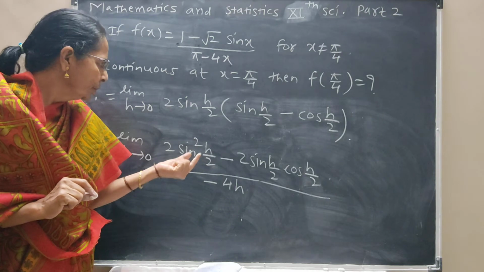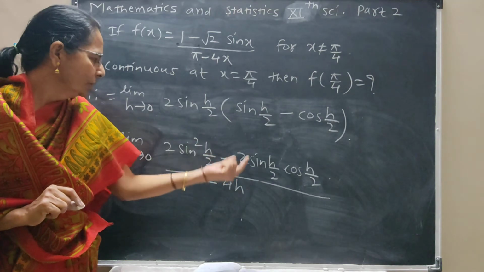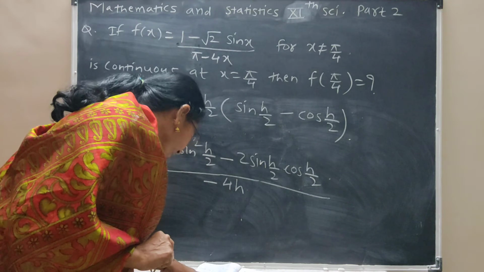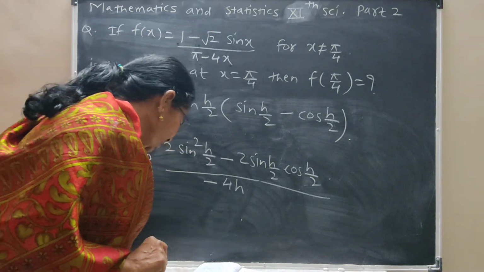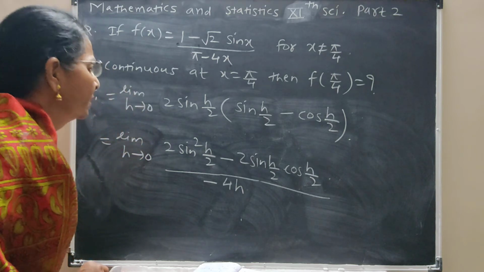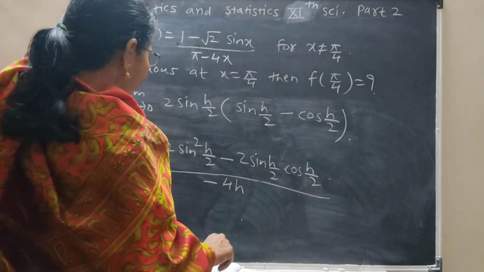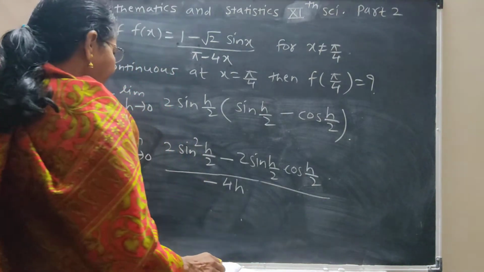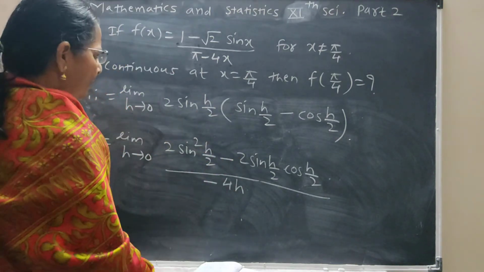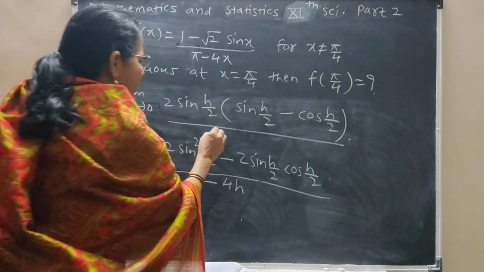So we have 2 sin h by 2 times (sin h by 2 minus cos h by 2) in the numerator, and minus 4h in the denominator.